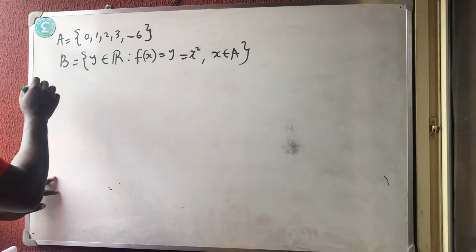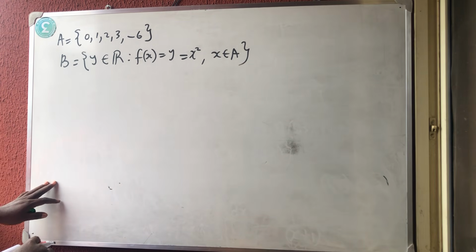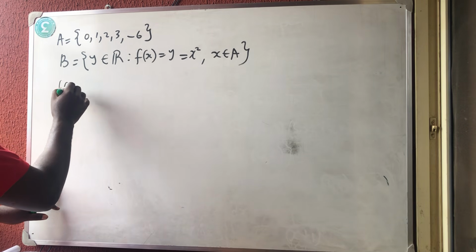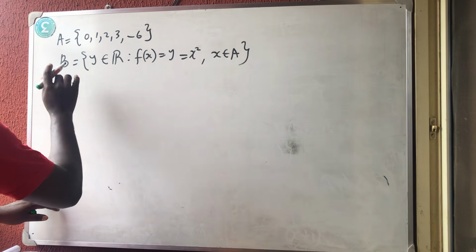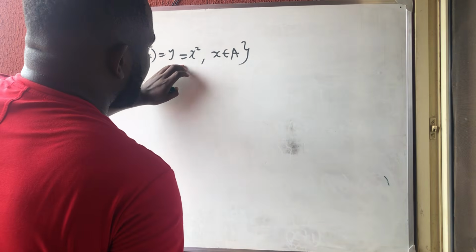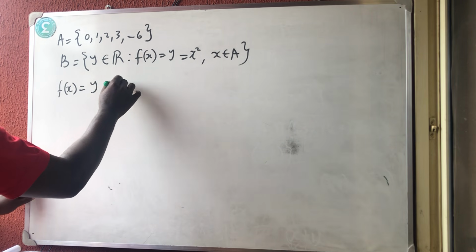To get this simple, let's get all the members of B. So the first thing I'm saying is f of x. So let's start from A. Okay, you know they said that any element you are picking to do this, f of x is equal to you getting y, which is equal to x squared.